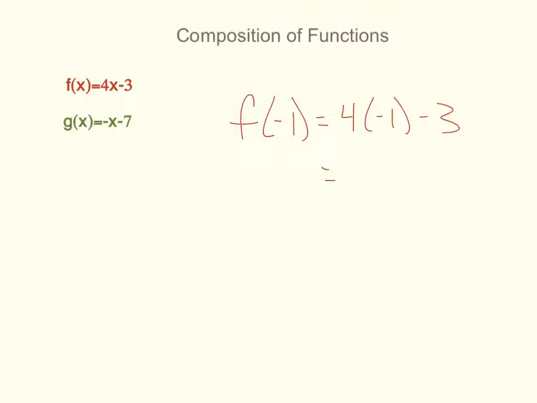Okay, and these are real basic ones, but you could have several places in the rule that have an x value. Now we're just going to simplify it. 4 times -1 is -4 minus 3, which is -7.